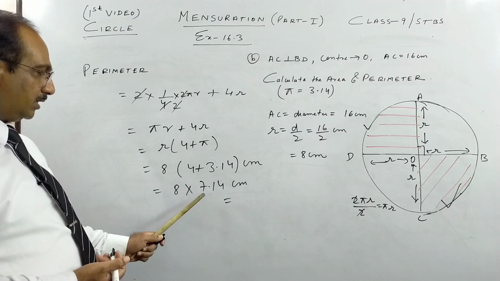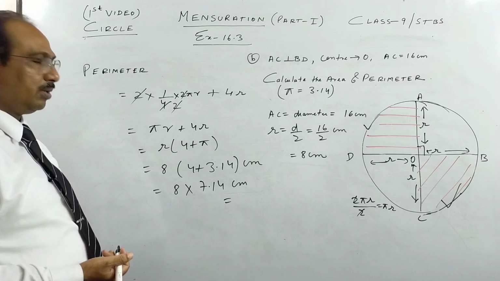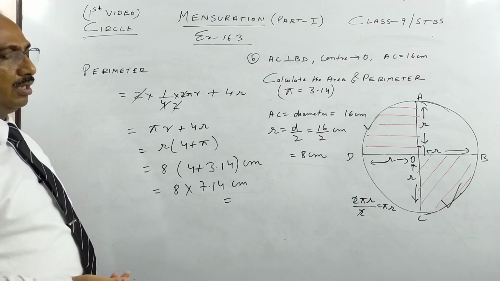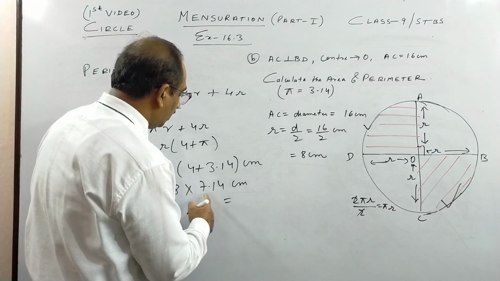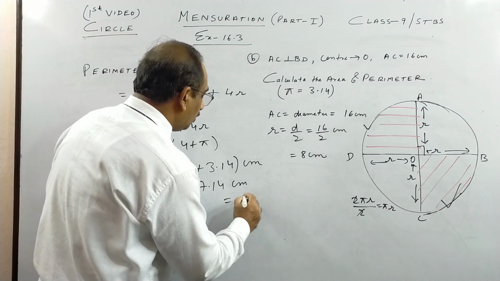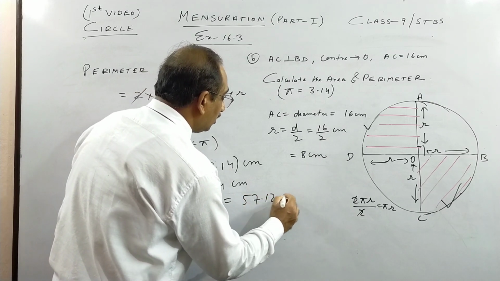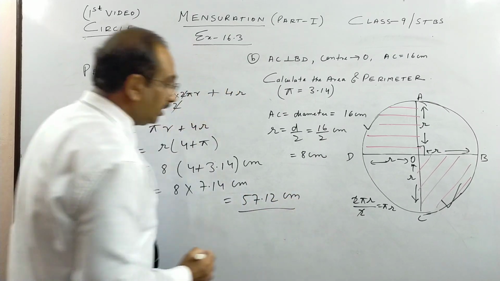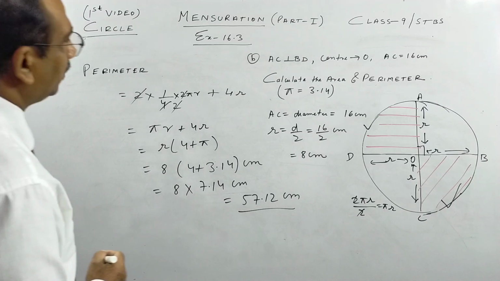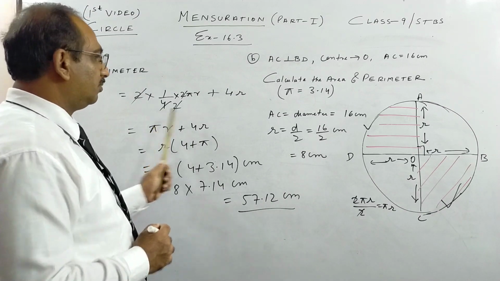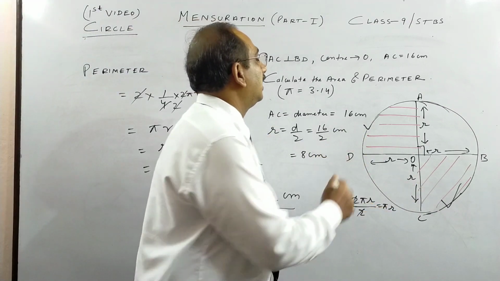So 56 centimeter, and 0.14 if you multiply with 8, 14 eights are, I think, 112. So 1.12 plus your 56 will give you 57.12 centimeters.